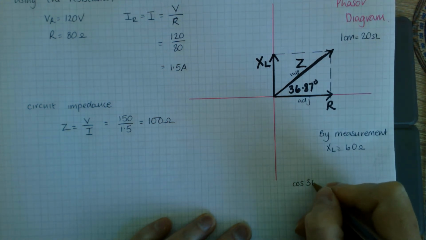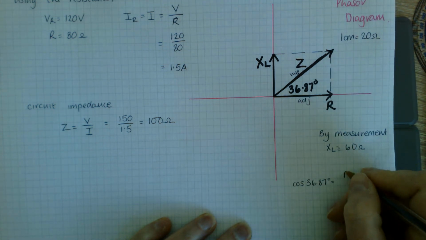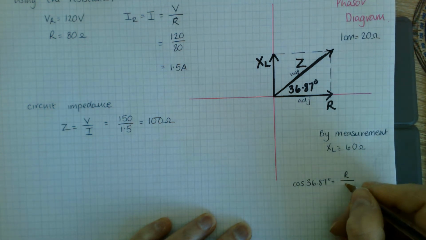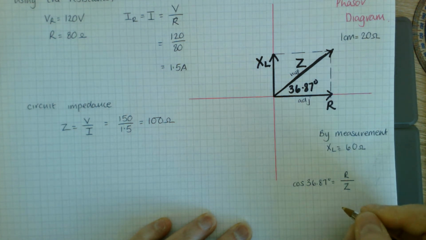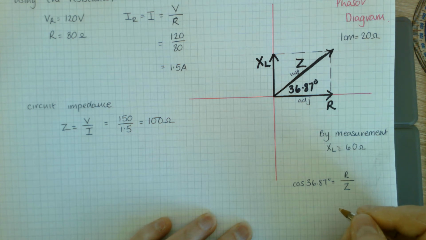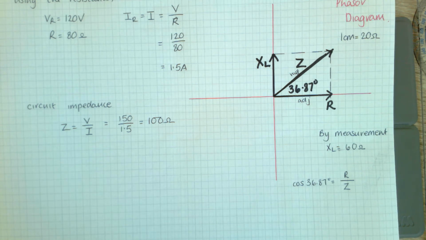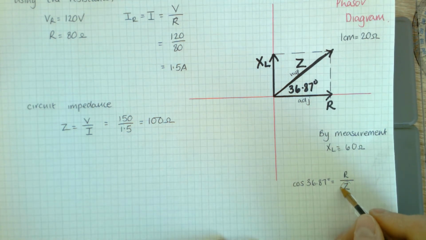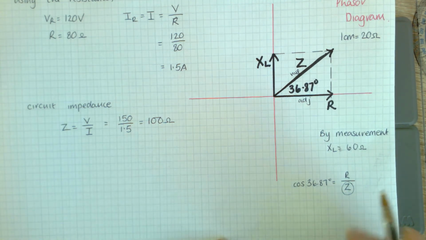So cos of 36.87 equals my adjacent, R, over my hypotenuse, Z. And I could use this method as an alternative to get me the value for this Z here. So I've done it over here using this method, and I could use this method here to work out what it is alternatively.